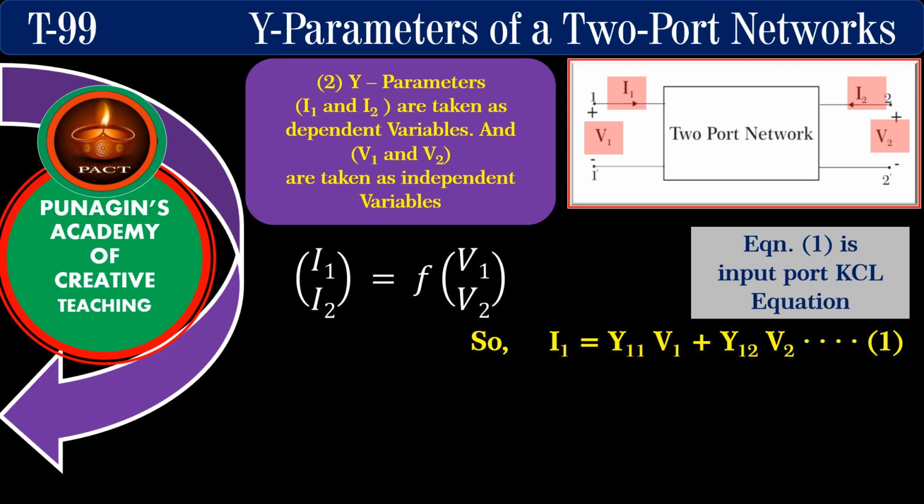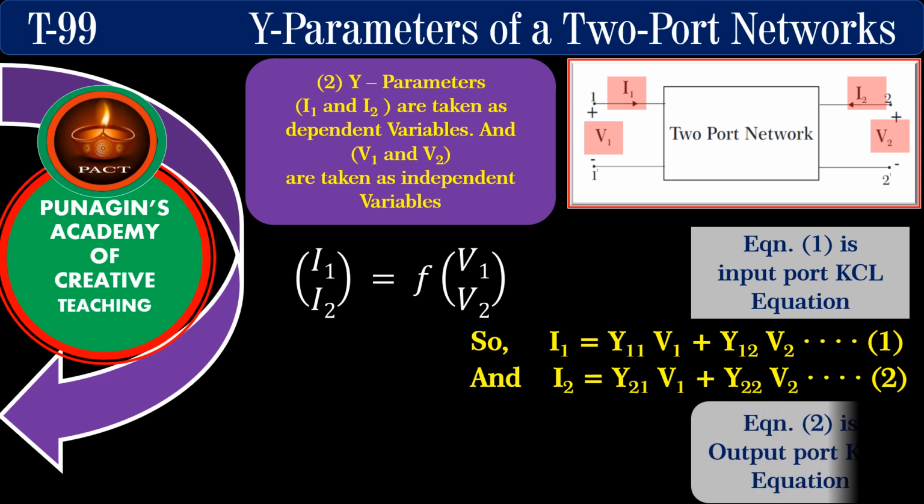And this equation 1 is the input port KCL equation because each term here represents a current. This aspect we shall make clear when we study the Y parameters in detail in the subsequent tutorials. Next, I2 is equal to Y21 V1 plus Y22 V2, and this equation 2 is the output port KCL equation.